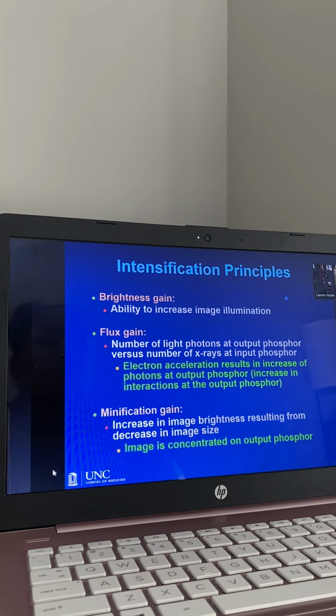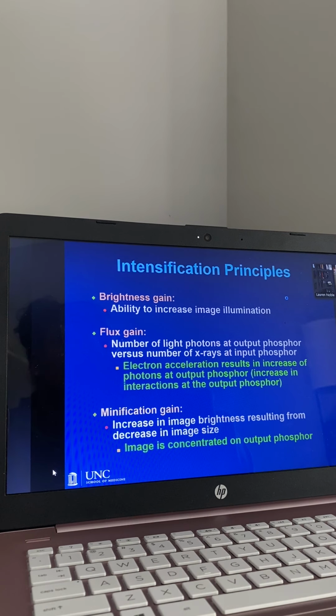And then minification gain also plays a role in brightness because it increases brightness given the fact that the image size has been reduced. So we have an increase in image brightness simply because the size of the image has been reduced. So basically, it's like concentrating that image onto a smaller area.